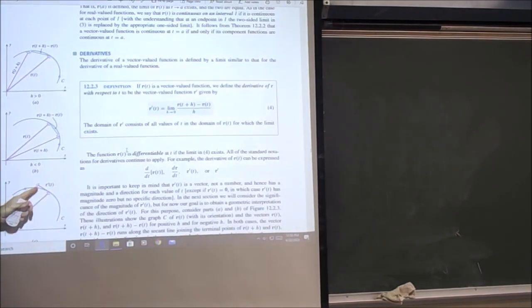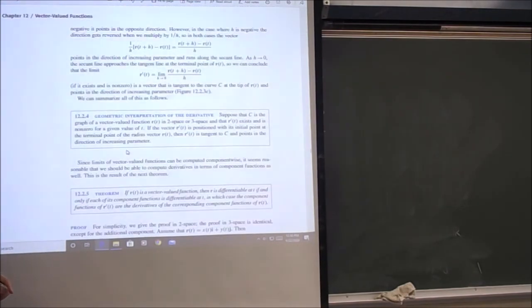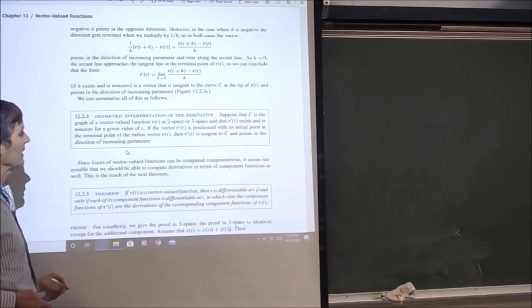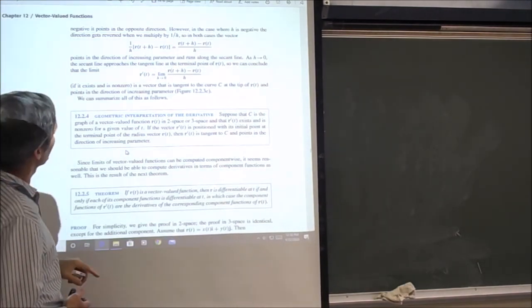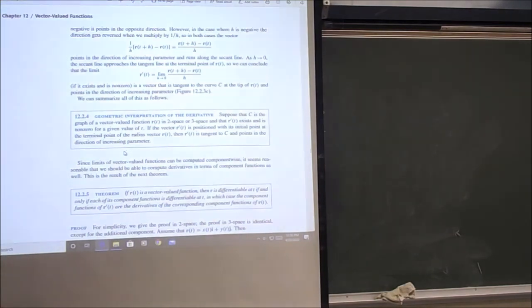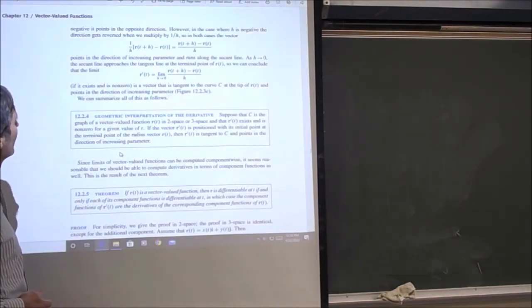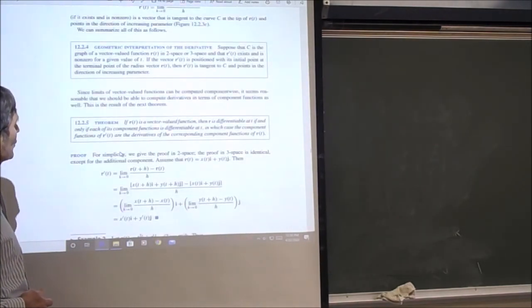It's my total velocity. So that's the interpretation of the derivative. When it's not zero, it's along the direction of increasing t, tangent to the curve, and it's also called the velocity vector when t is time.